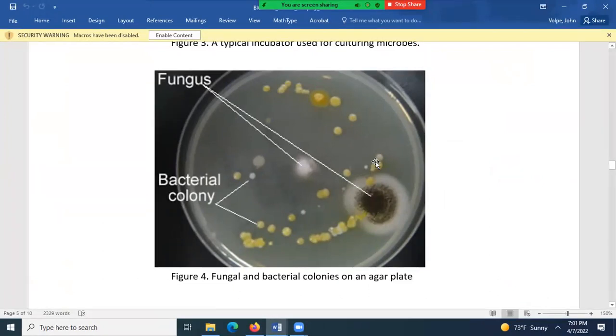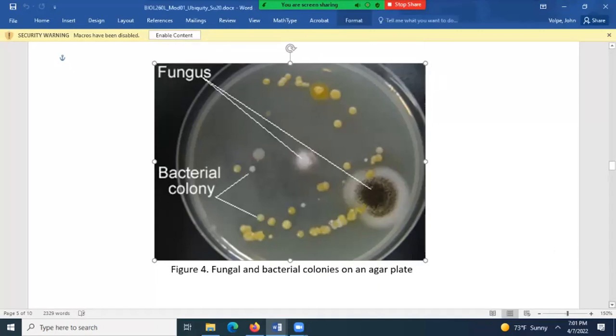This one's off-white, so 5, 6, sorry. I think I counted that one, and that one could be the same. So this one, and then there's that one there, that's different. So that means there's about 7. So this would be 8. And then that one could be the same as that one. So we'll leave it. So this one has about 7 different colonies on the plate. So the diversity would be about 7.